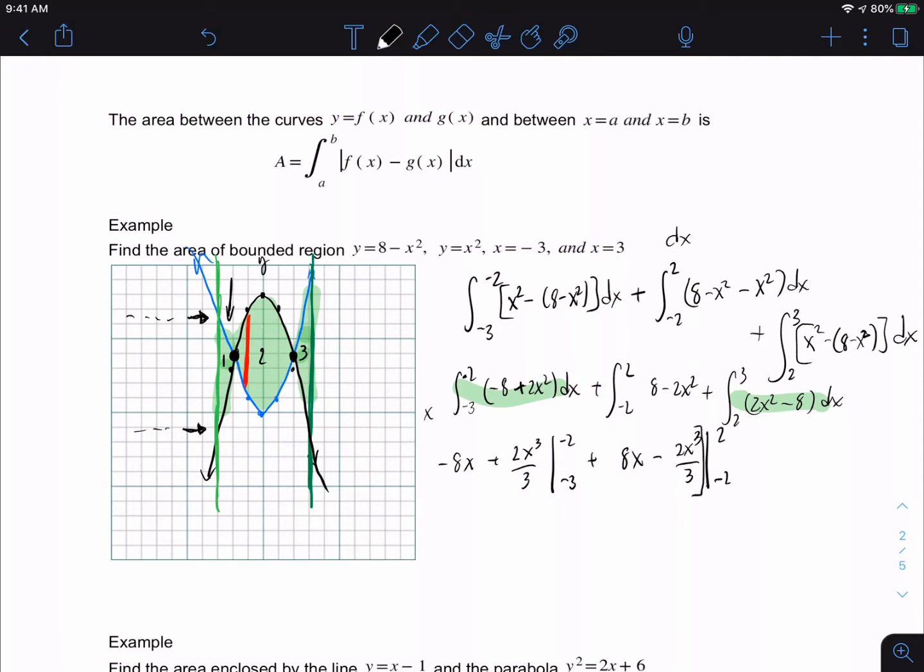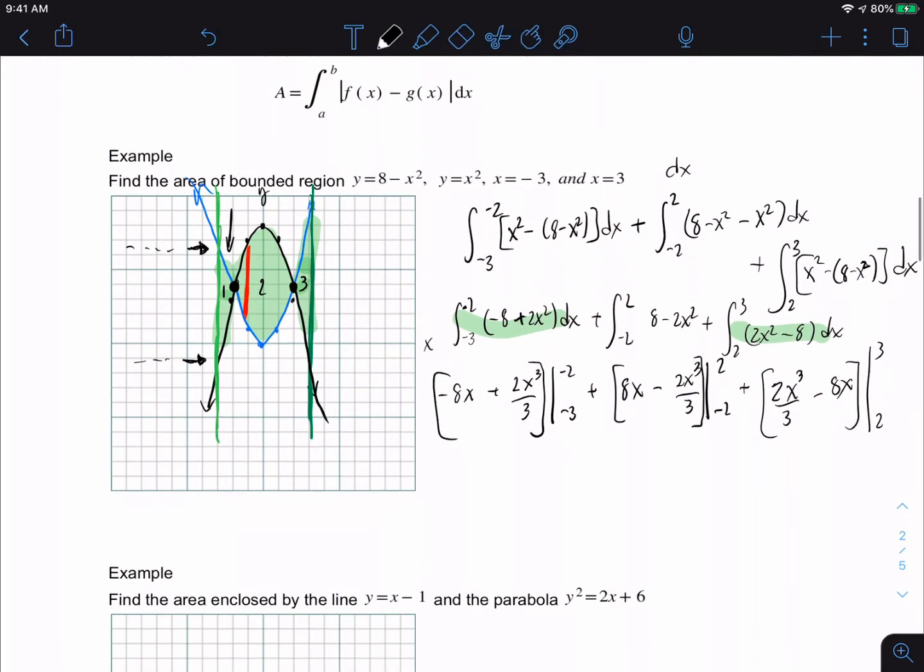And really what I should do is this, and then plus 2x cubed over 3 minus 8x, evaluated from 2 to 3. I leave the algebra to you, but your answer should be 92 over 3 units squared.